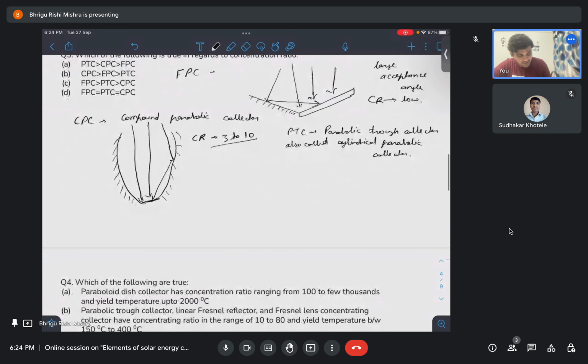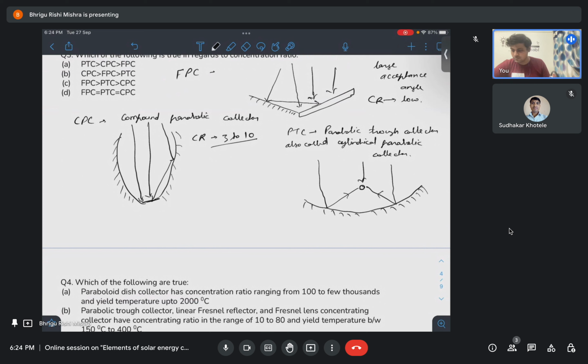So it has a concentrator like this with some arc, and then it has a point or a spherical receiver. Not exactly spherical, but it may be cylindrical, a receiver. So the radiation coming in is directed to this receiver.